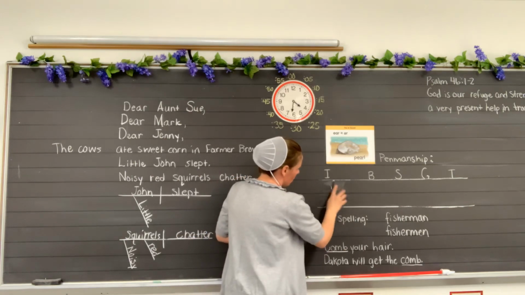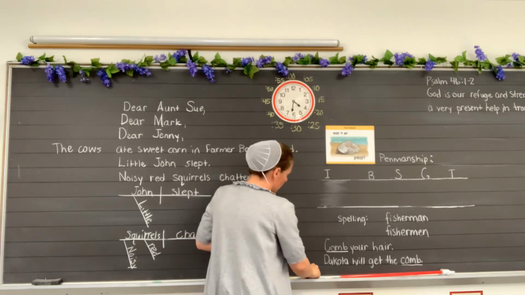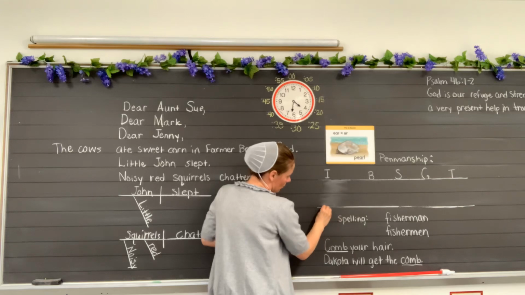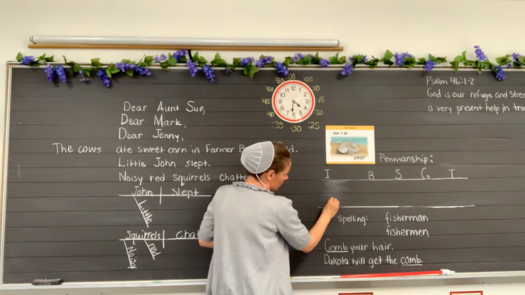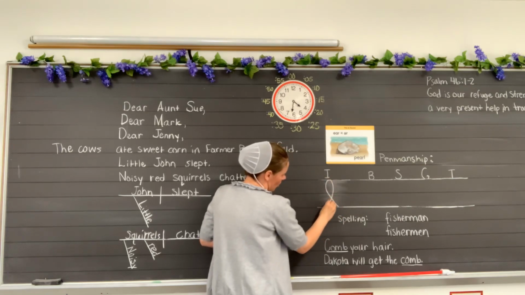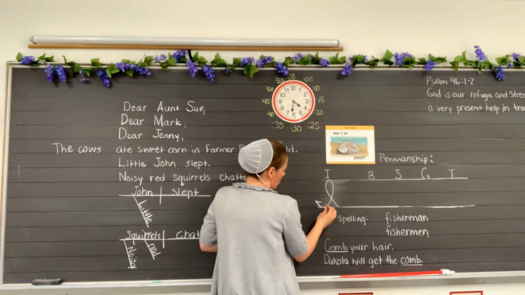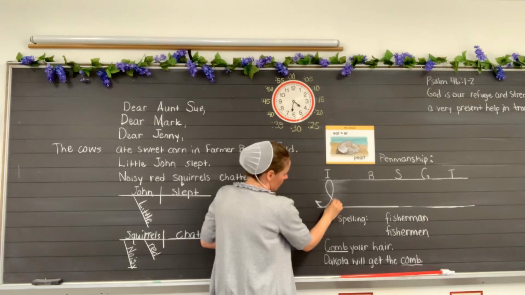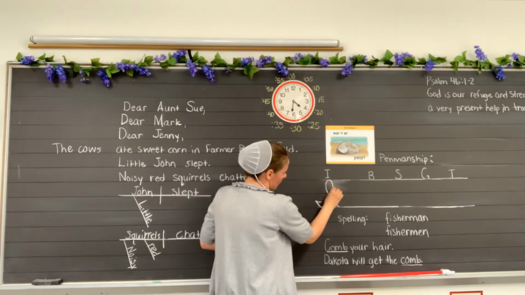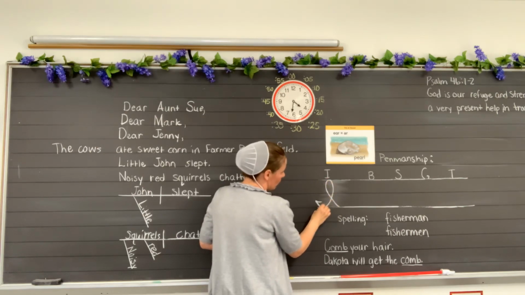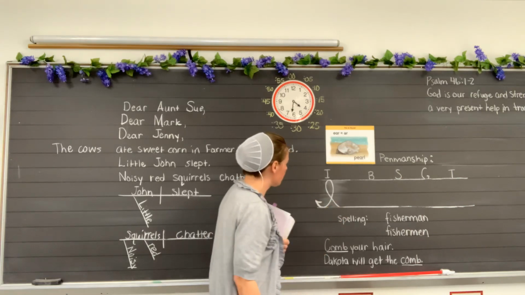That one went the wrong way around. You don't start on the left, you start on the right with the I. If you start on the left, it's going to make an S. So start on the right with the I, go around and go like that to the left.